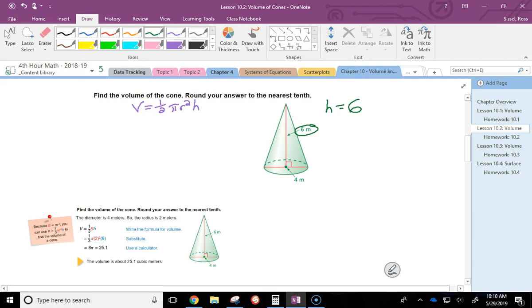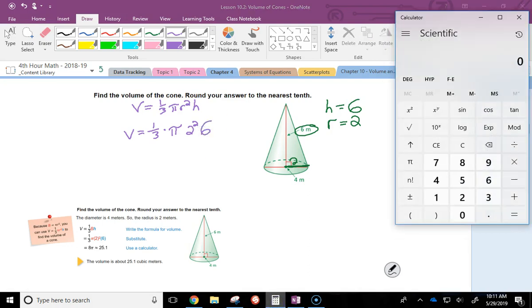So radius is half of 4, so I know my radius is 2. That's what I need to know. So I'm going to change this to say volume equals 1/3 times pi, radius is 2, and my height was 6.